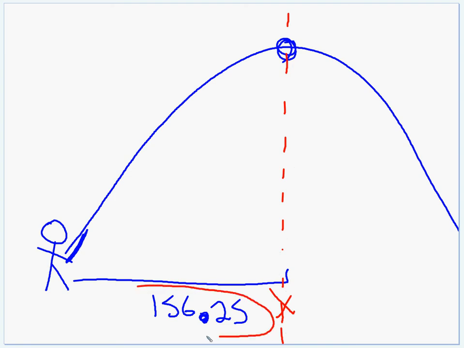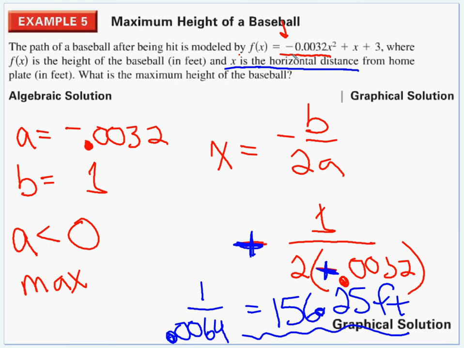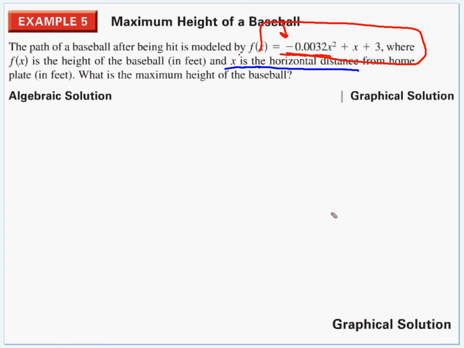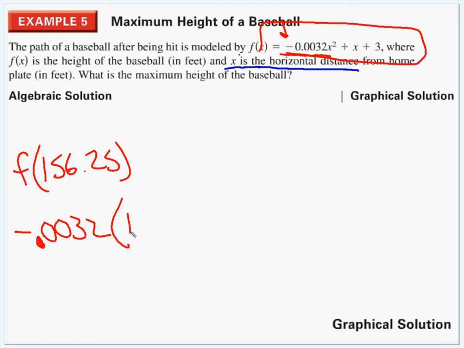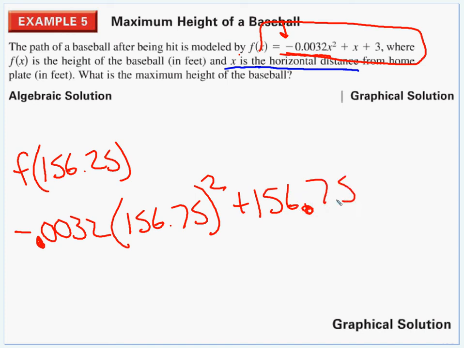Now we want to find what the actual height is. So we're going to take that same x value and put it back into this equation. You're definitely going to want to do this on a calculator. If we're in class together, we would do this on the TI-89. This will be f of 156.25, and you type it in as negative 0.0032 times the quantity 156.25 squared, plus 156.25, plus 3.